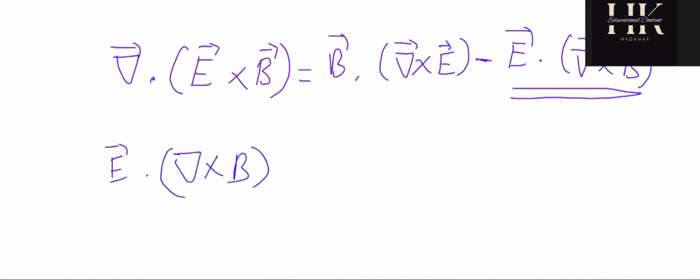When this term is taken to the left side, the negative sign becomes positive, so it becomes equal to B dot del cross E. Now, when the other term goes to the right-hand side, the positive sign becomes negative: minus del dot E cross B.